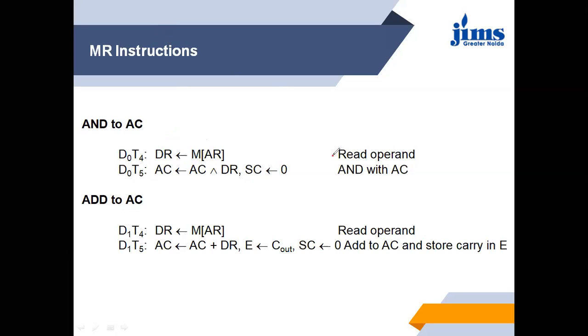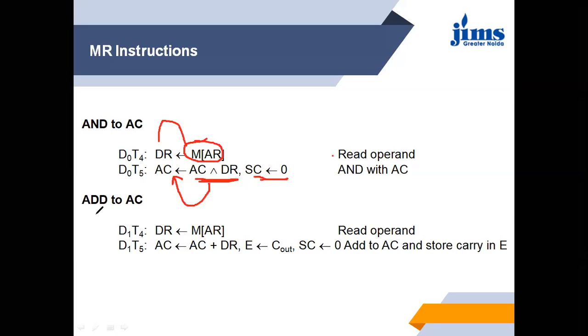At the time of the read operation, first the data is accessed from the memory and shifted to the data register, then an AND is performed between accumulator and data register, and the AND operation value is transferred to the accumulator, and the value of SC is 0.